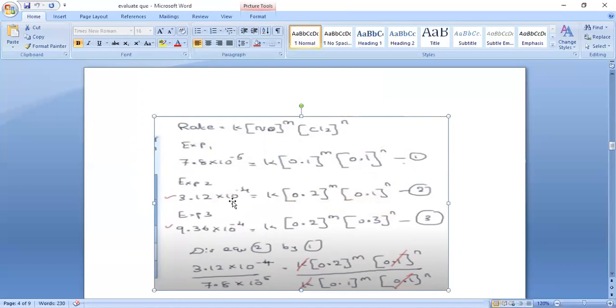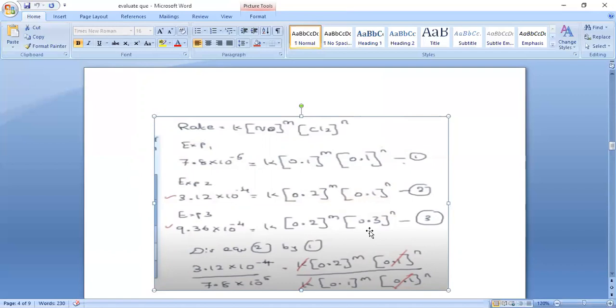In the second experiment, rate value is 3.12 into 10 power minus 4 equal to k into NO initial value 0.2, and then Cl2 initial value 0.1. This one we are going to take as equation number 2. And then the third experiment, rate value is 9.36 into 10 power minus 4 equal to k into NO value 0.2 power m and then Cl2 value 0.3 power n.